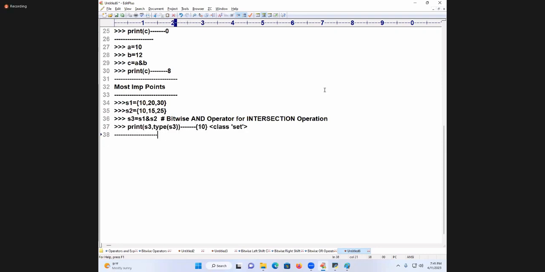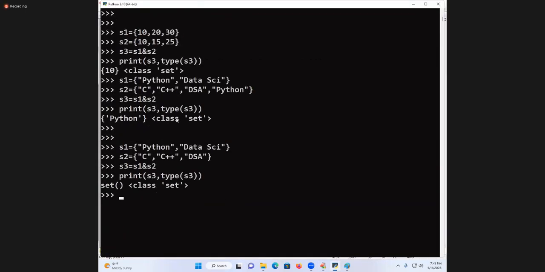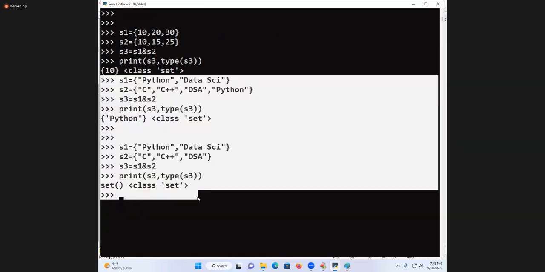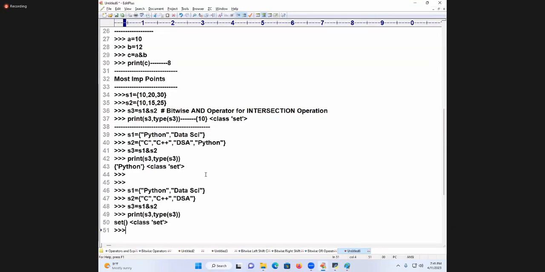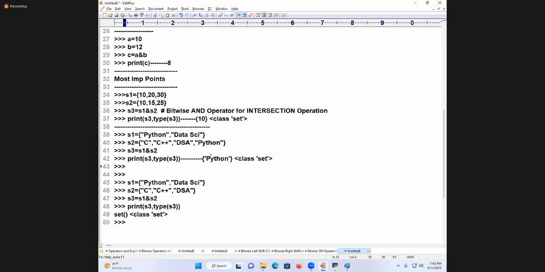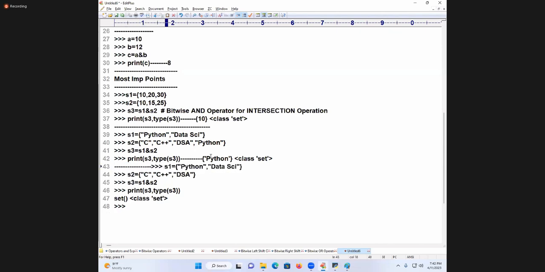Now this value is coming. Next I'll go for one more. I will take these values. Observe now. Got it, this point. S3, in this case, is like this. Now this place I'll go for what? Empty set S3. So here I will write S3. Empty set is here. Are you understanding this bitwise AND operation?